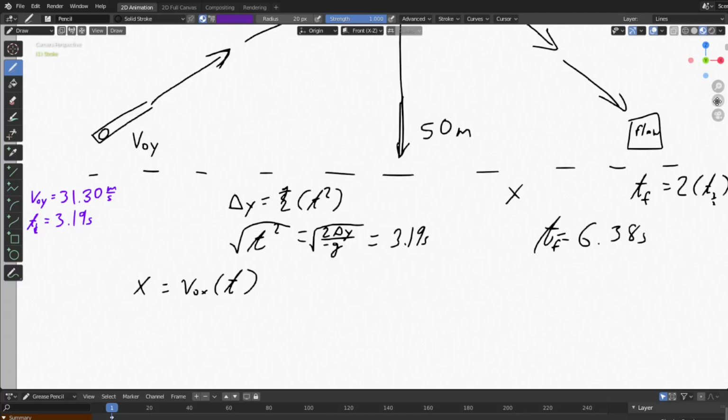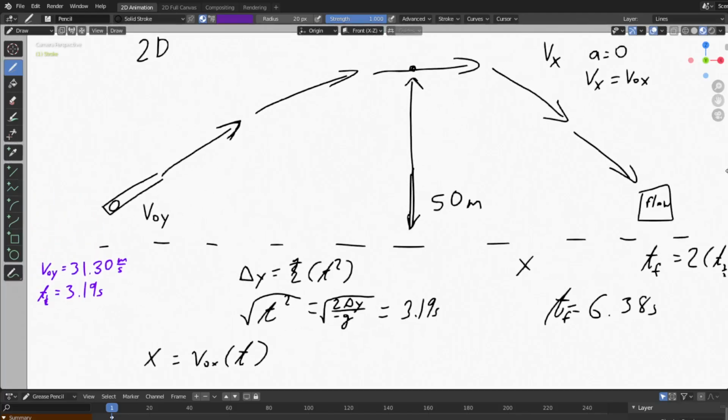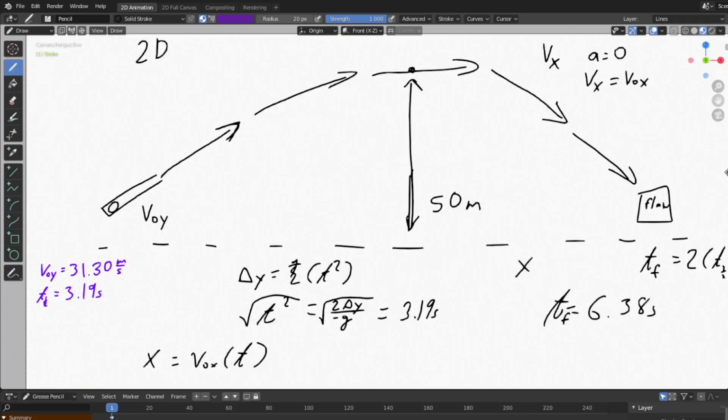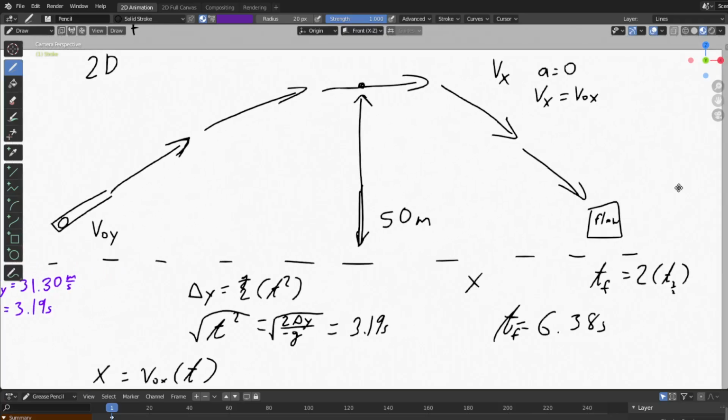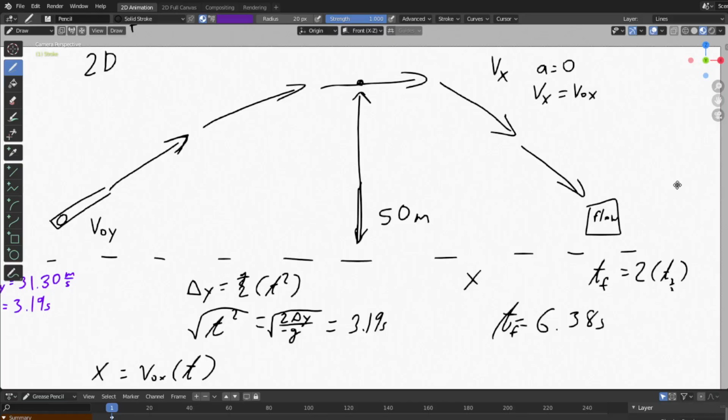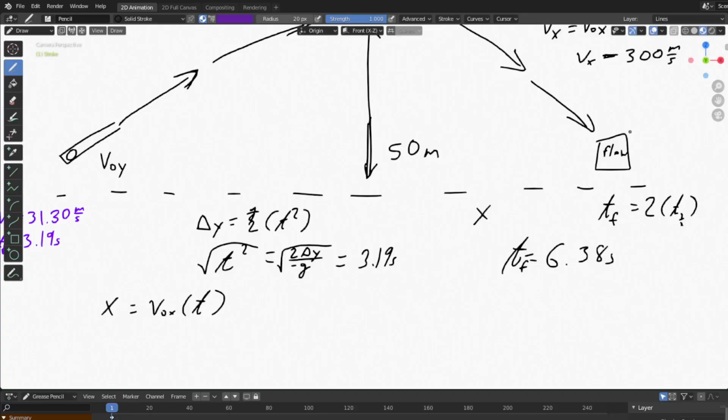So, this entire time I was like, oh, well, we don't actually know what v of x is. So let's just say v of x equals 300 meters per second. So x is equal to 300 times 6.38.